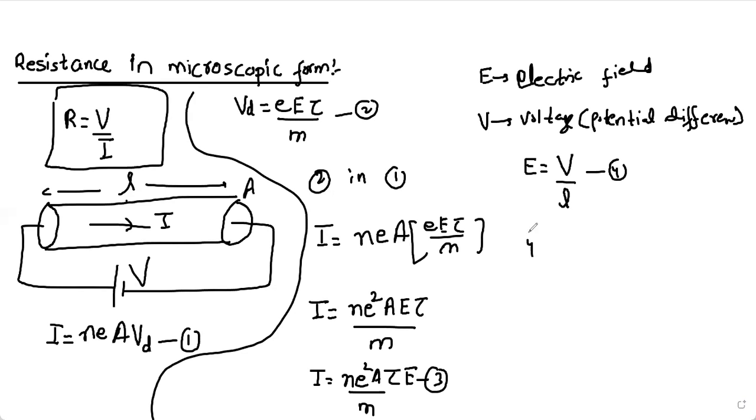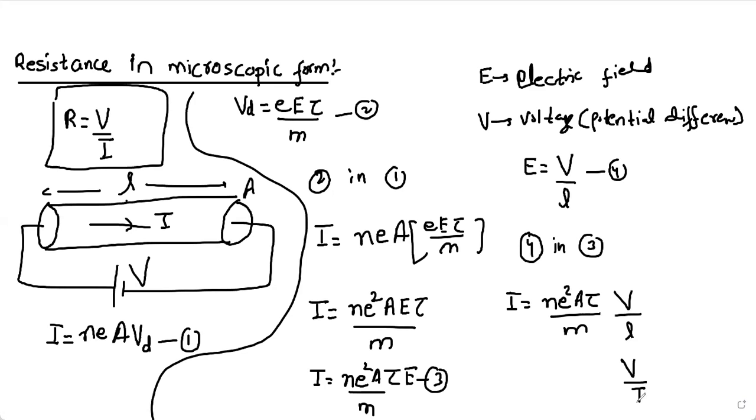Now I can substitute 4 in 3. When I substitute 4 in 3, I will get I is n e squared A tau over m, times V over L. Electric field is potential difference divided by length. From this equation, I can get the ratio of V by I. So V by I is ml over A n e squared, and V by I is nothing but resistance.